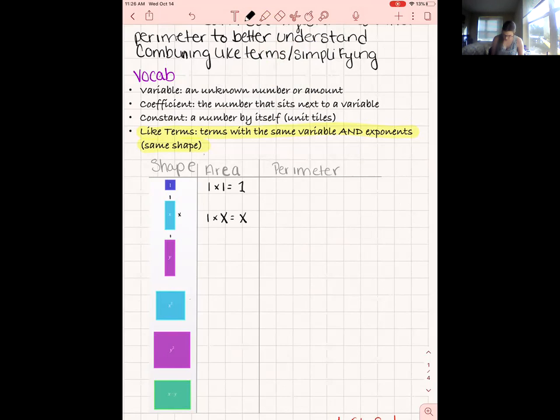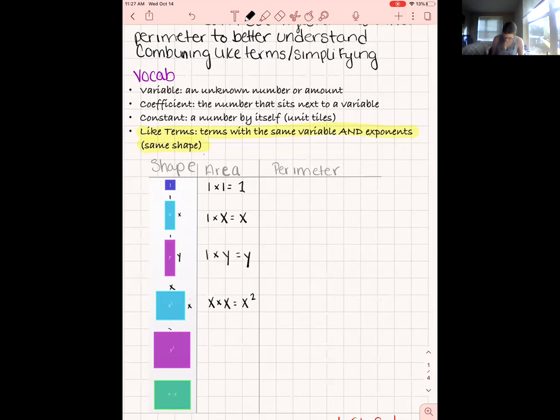Our y tile is a 1 by y, so it's 1 times y, which is why it's called the y tile. Our x squared is an x by x shape, so x by x equals x squared.